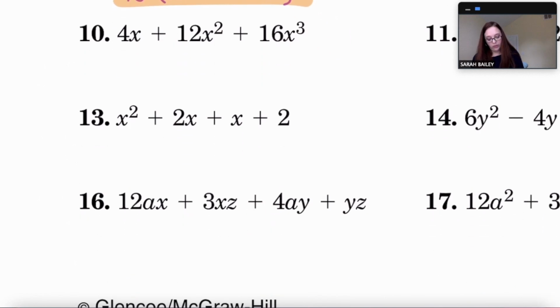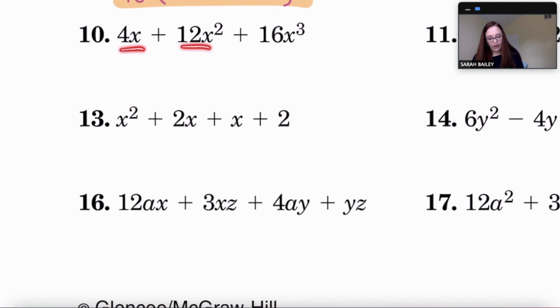Okay, let's try number 10. Each of these terms has an x. The most x's I can pull out is just the 1, so I'll go ahead and do that. And then I see 4, 12, and 16. Well, 4 is a factor of all of those, so I'm actually going to pull out a 4x. If I factor a 4x out of 4x, that doesn't leave me with 0. It leaves me with 1.